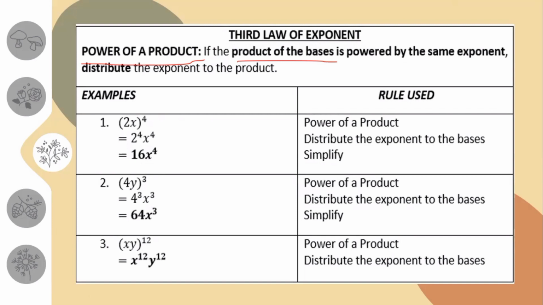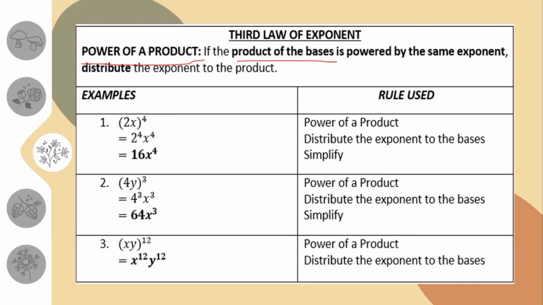For (2x) raised to 4, we identify what law is applicable to the given. That's the first thing that you need to do when you are to simplify problems under laws of exponents. You identify what law is applicable in that particular expression.